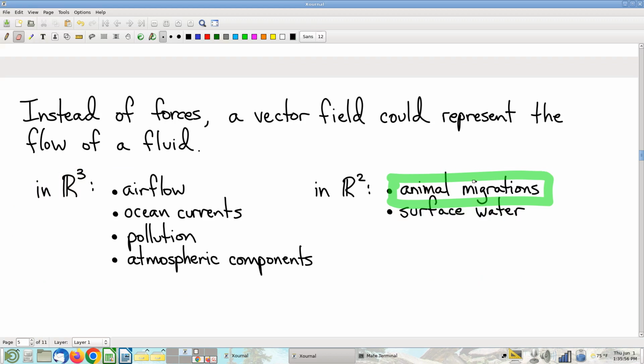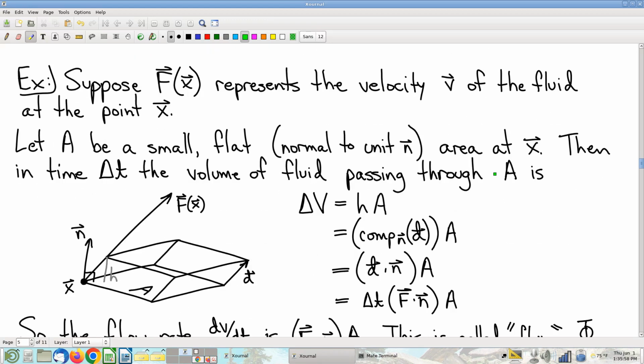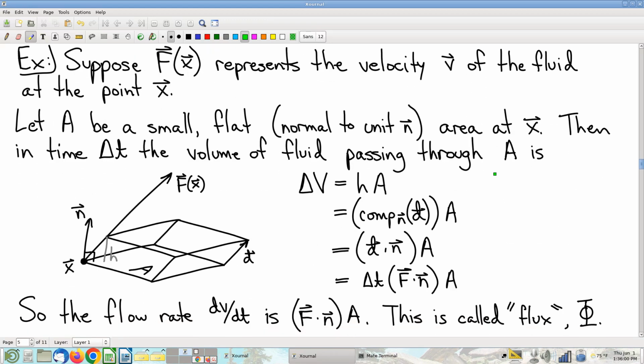Okay, all right. So there's a calculation I want to do now that involves interpreting vector fields as representing the flow of a fluid, and there's a specific physical idea that you'd naturally be interested in when you have the flow of a fluid. So here's the physical idea.